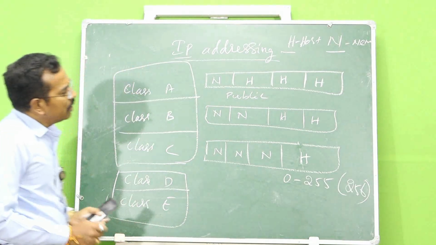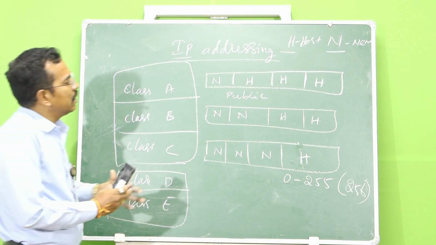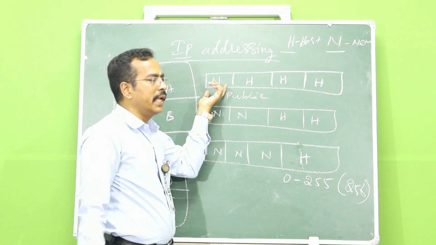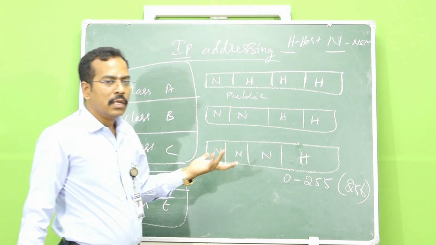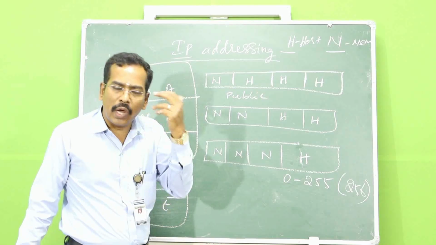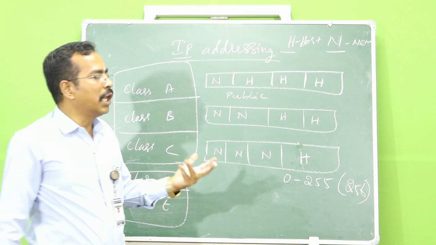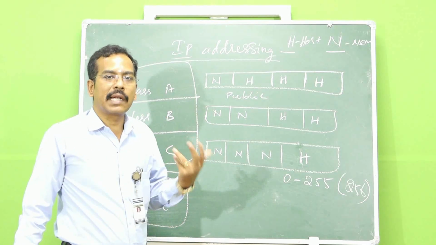Now you may ask: you have given only 8 bits for network and 8 bits for host here too, so what will be the range of the IP address? How do we identify whether an address belongs to class A, class B or class C?